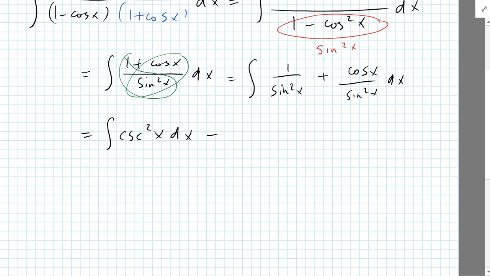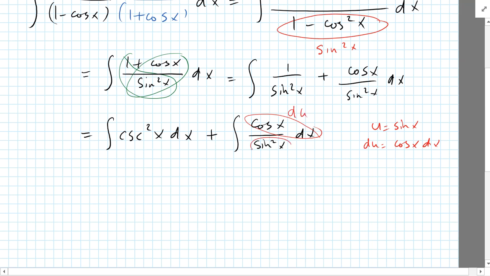And then I'm going to do the integral of cosine of x over sine squared x dx. And for the second one, I'm going to go, okay, well, u is equal to sine of x, and du is equal to cosine of x dx. So this whole thing becomes du, and this becomes u squared.